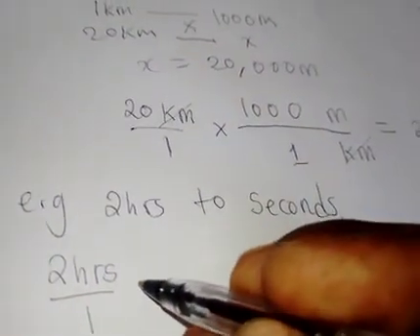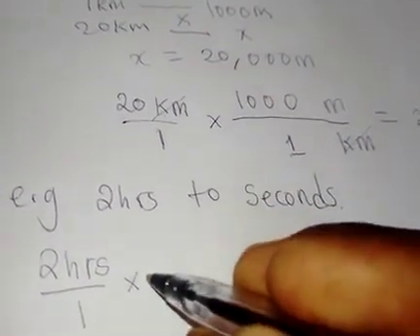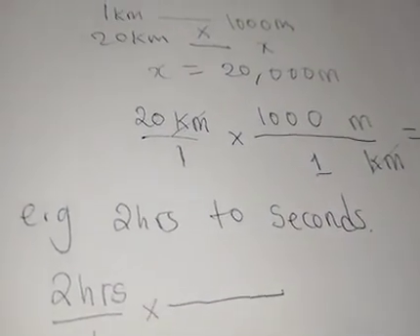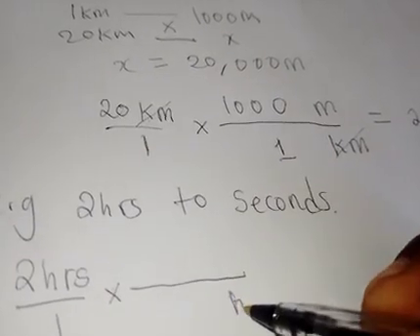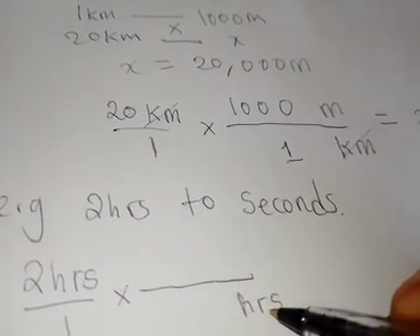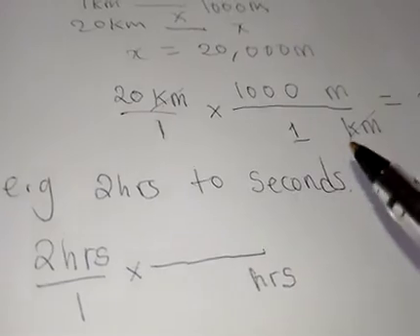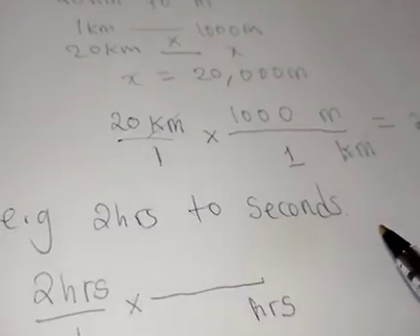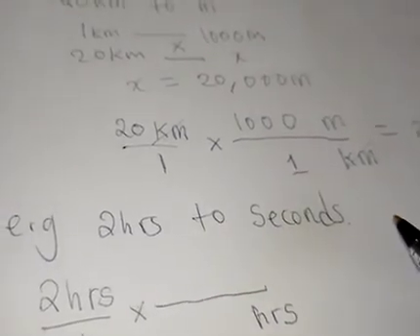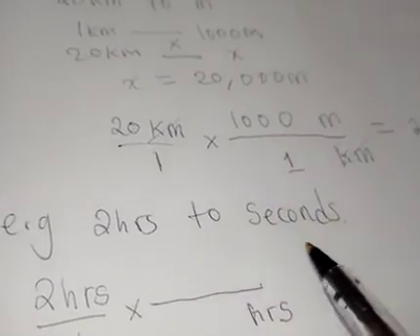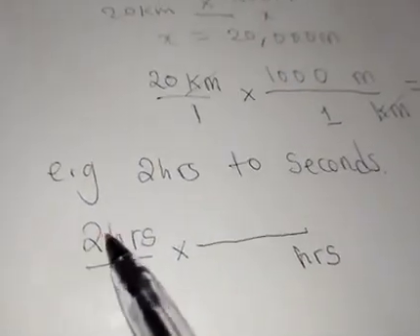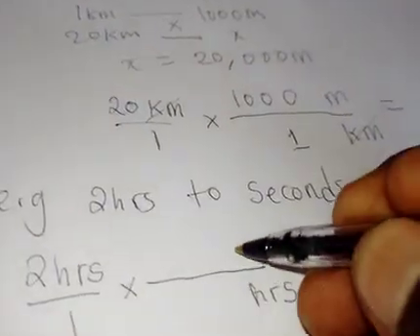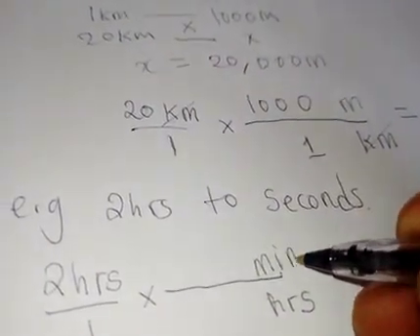So you multiply by, so you have to get rid of the hours. Down there you write hours. Then remember, if you want you can go direct to seconds. But between hours and seconds we have minutes. So we should first convert from hours to minutes, then from minutes to seconds. So on top there we use minutes.